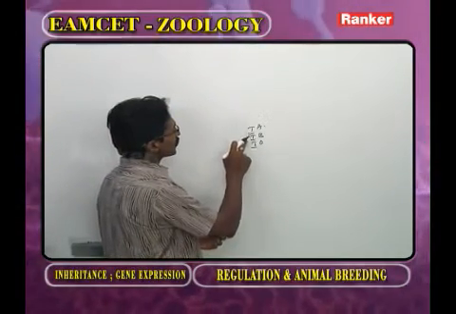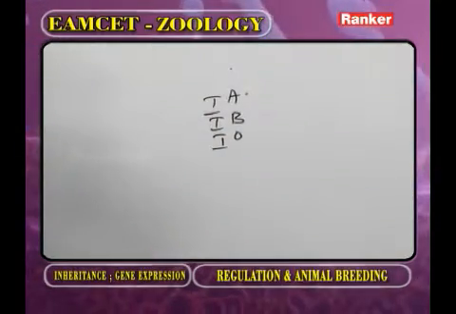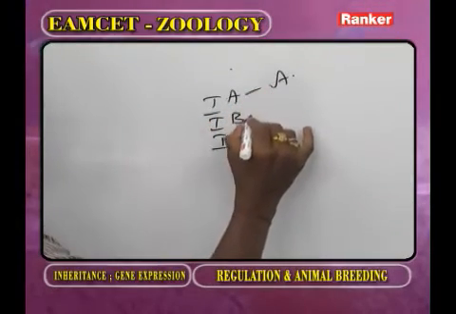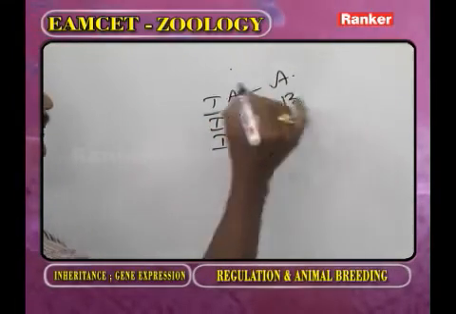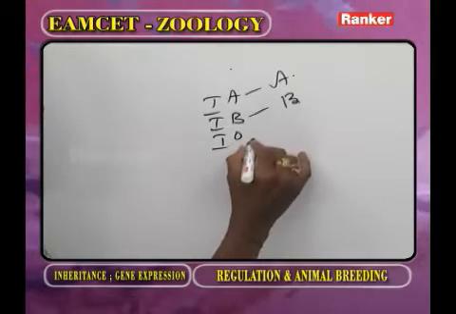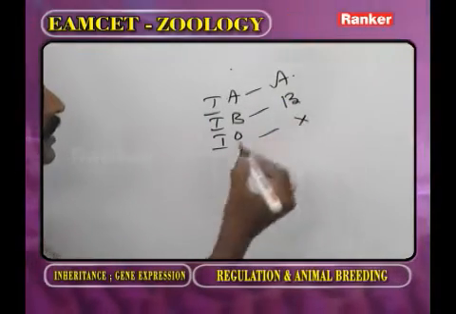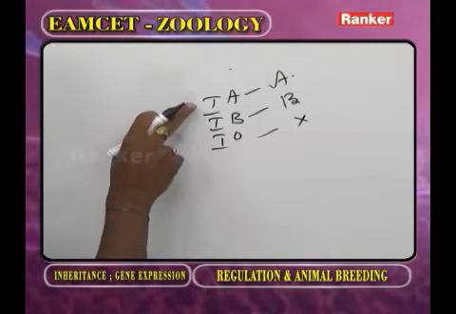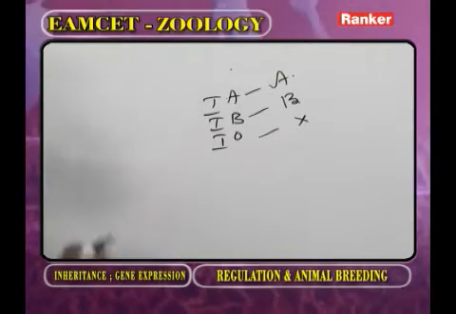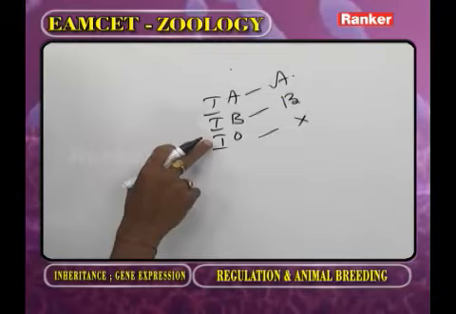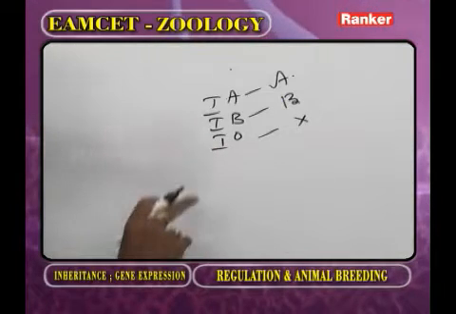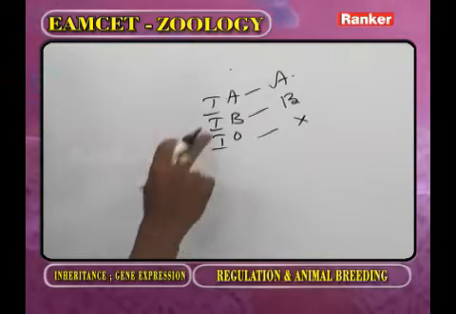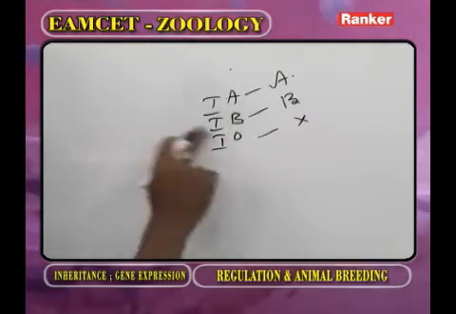Now 3 alleles are present. IA gives rise to A antigen, IB gives rise to B antigen, IO does not give any antigen. Here you have to observe how many alleles? 3 alleles. The gene I has more than 2 alleles: IA, IB, IO.